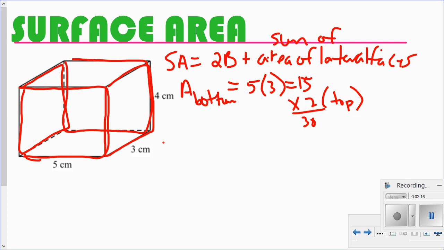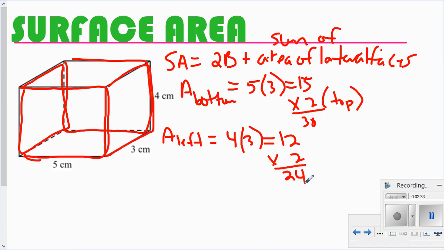Now I'm going to look at the area of the left and the right and the front and the back. So the area of the left is equal to, looking at the left and the right, I have 4 by 3. And that's 12. But I'll double that, 24, for the right as well.